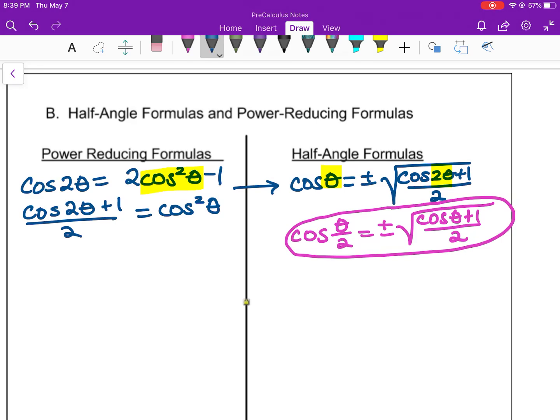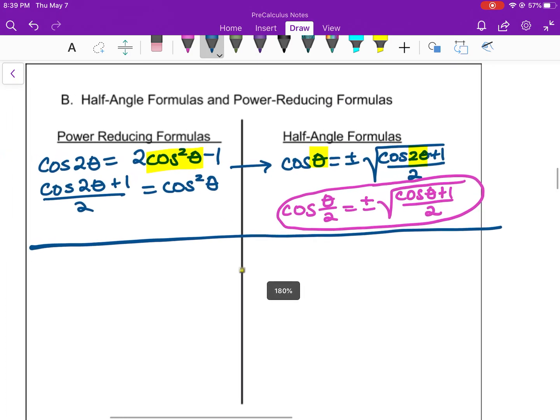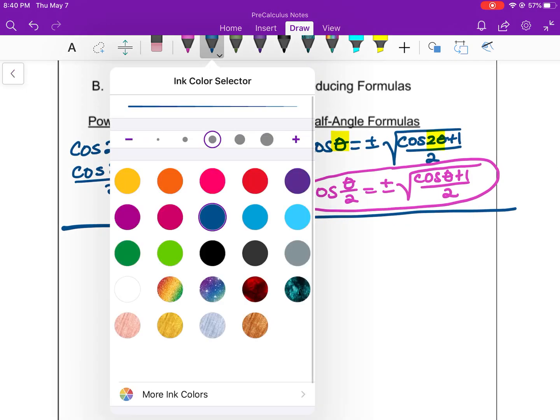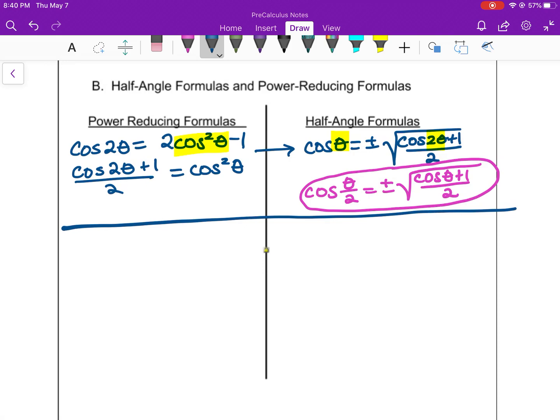Okay. Now what we're going to do is derive the half angle identity for sine. So we're going to start off with another power reducing formula for cosine. We're going to use cosine 2 theta equals 1 minus 2 sine squared theta. All right, we're going to solve this one for sine squared theta. So I'm going to subtract 1 over and divide by negative 2.